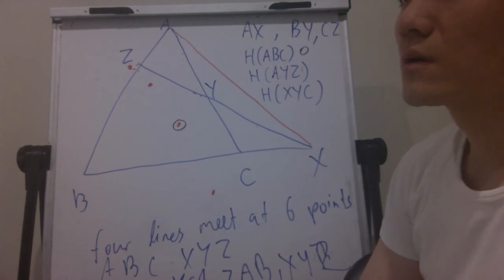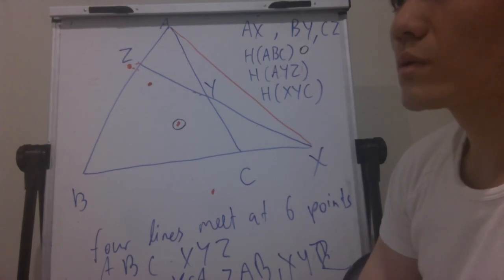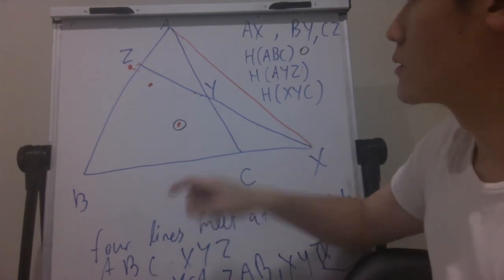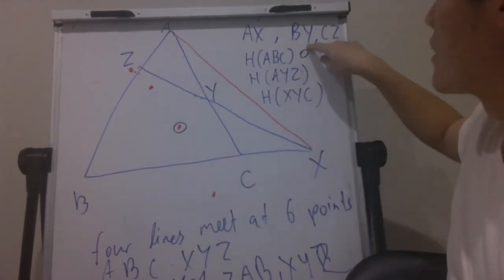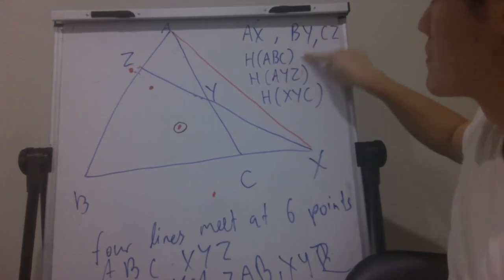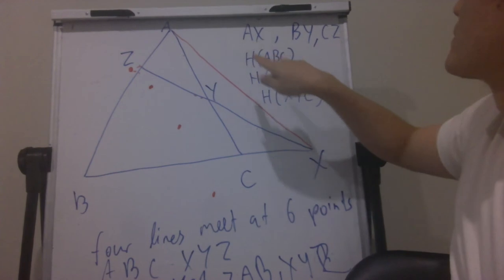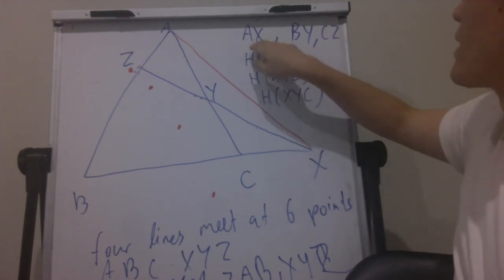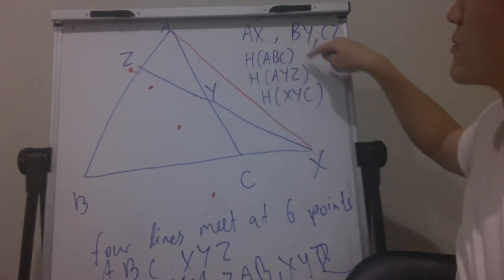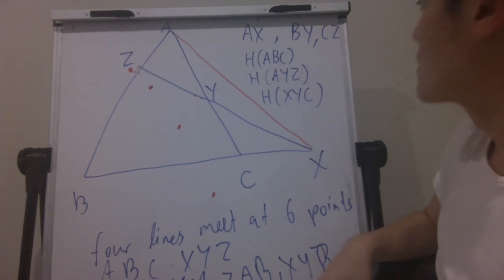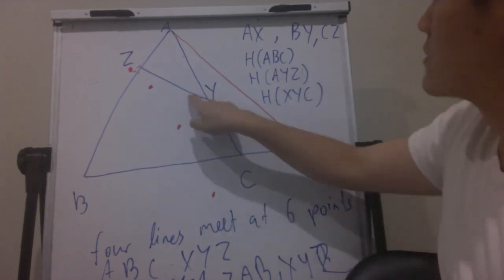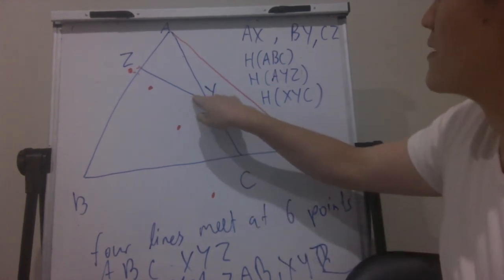You mean the one point goes to all three? Why did you circle that one point? Oh no, I was just trying to say that AX and BY clearly pass through these three things, but it's not as clear now.